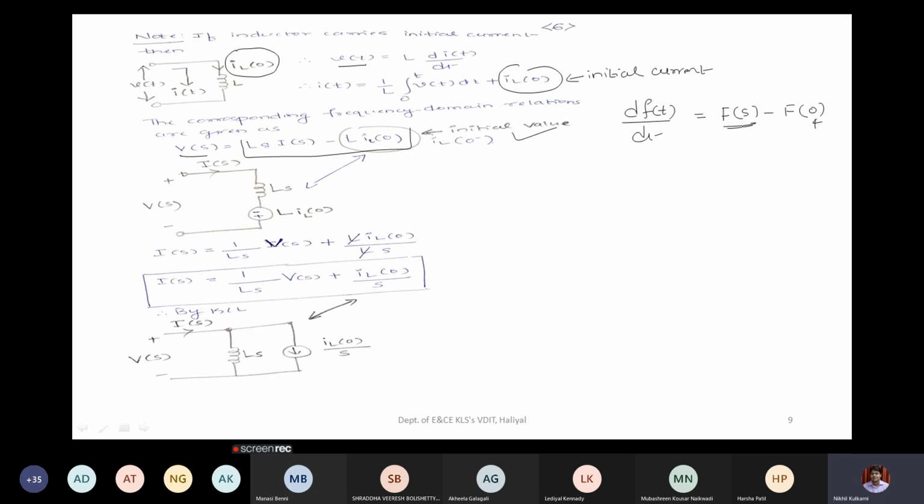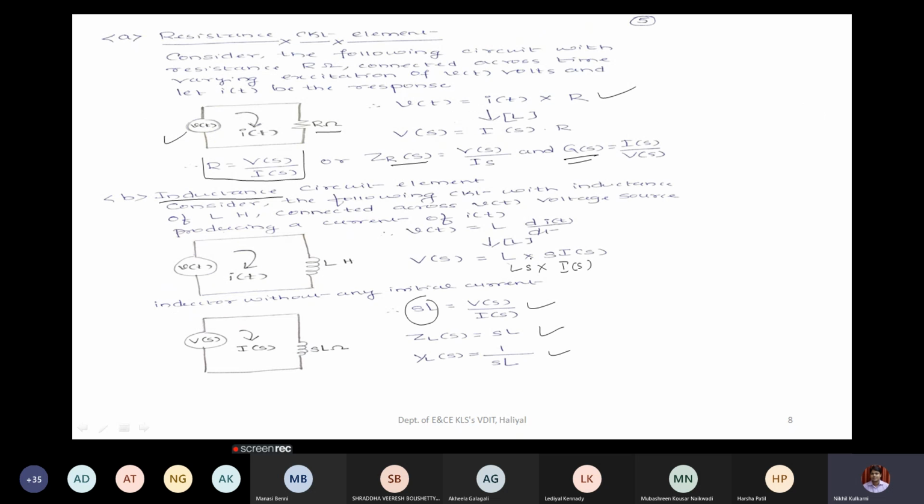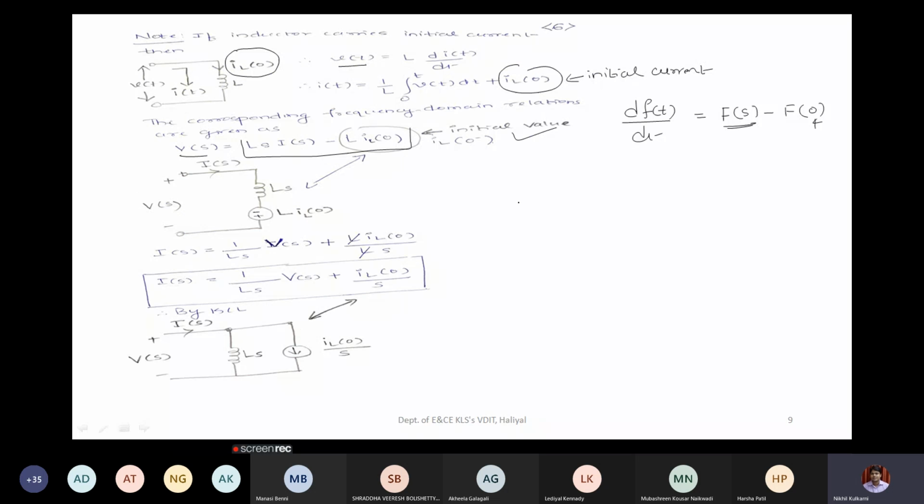What is F of s? F of s is Ls into I of s, minus the initial current, which with respect to the inductor is L into IL of 0. Following this, everyone?